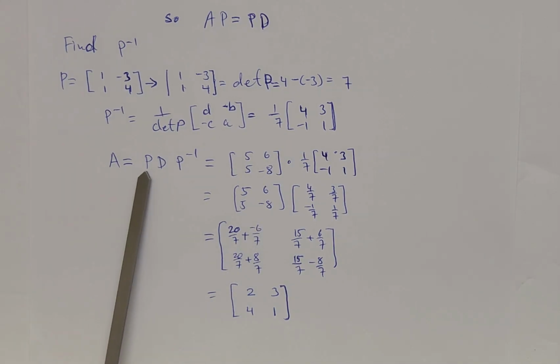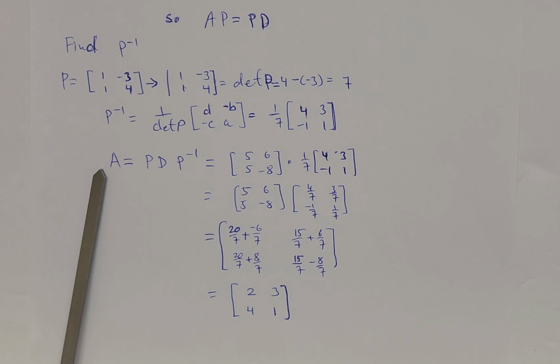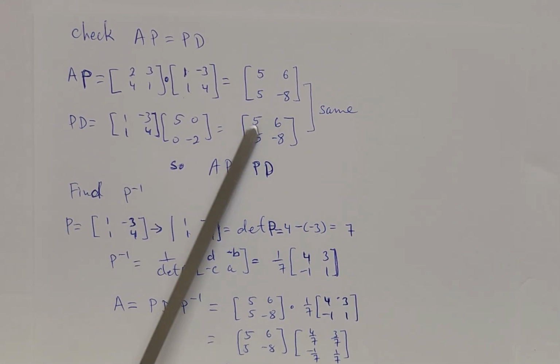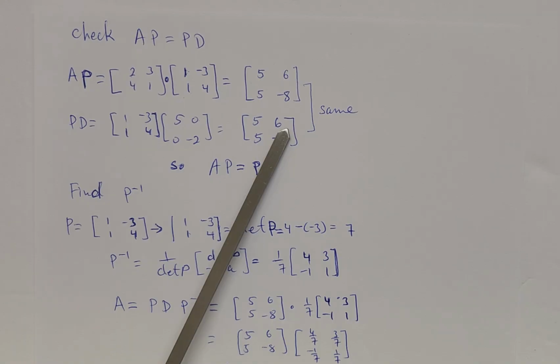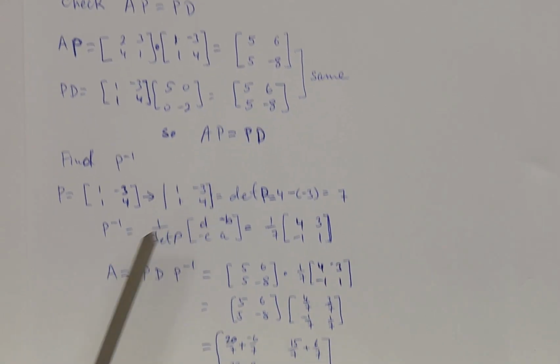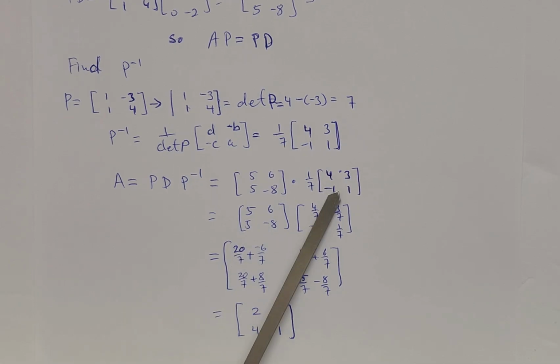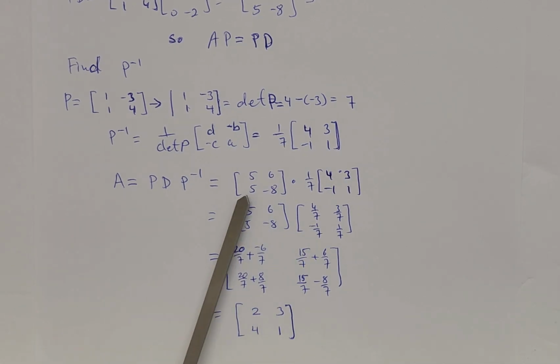And then check that it does come back to the original matrix. PD, we already have from up here. So use this matrix right here and this matrix down here, and then put the inverse matrix of P here. Multiply row and column and add, simplify, and it will come out to the original matrix.